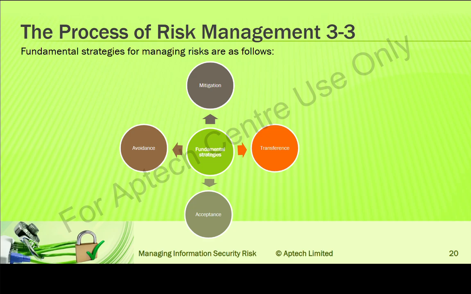And then risk transference. When we're talking of transference, we are talking about shifting the blame or the loss to someone else. Are you with me? So when you know that this thing is going to cause you a lot of damage, you shift it to others. The kind of people we shift the damages to are insurance companies.